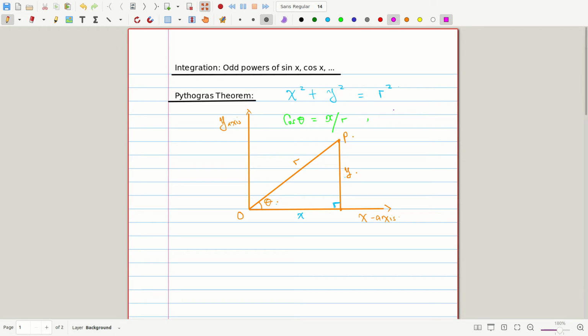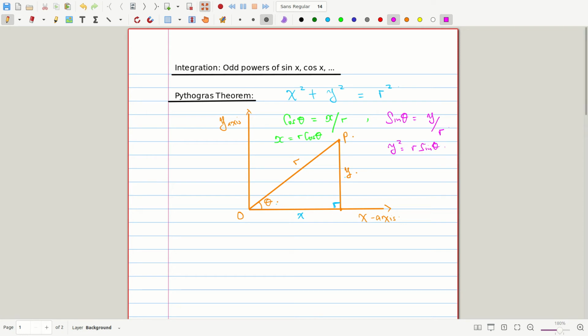And we also assume we know that sine of the angle theta equals the opposite side over the hypotenuse. Okay, so we can go on and make x the subject here, for which x is going to be equal to r times cos theta, and then we can make y the subject here, which is going to be r sine theta.